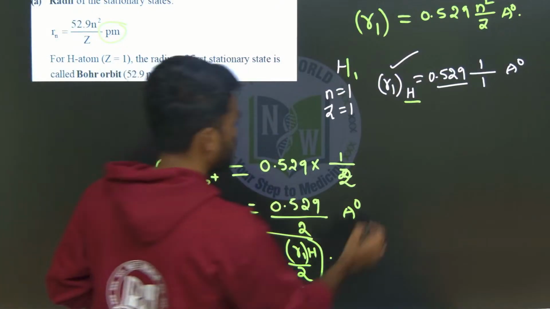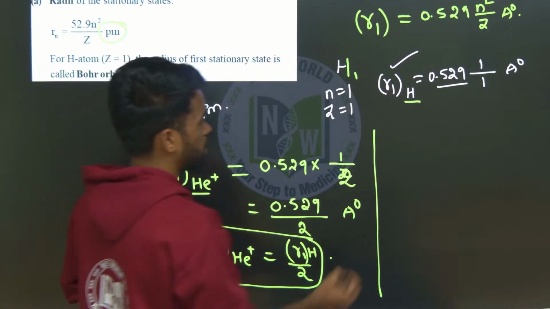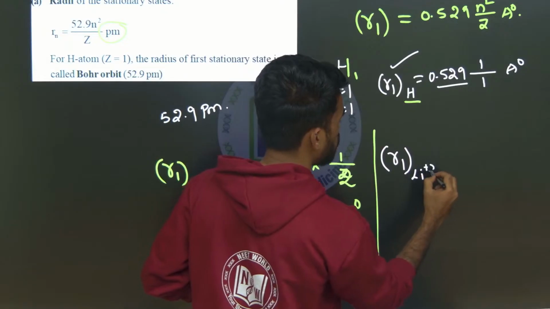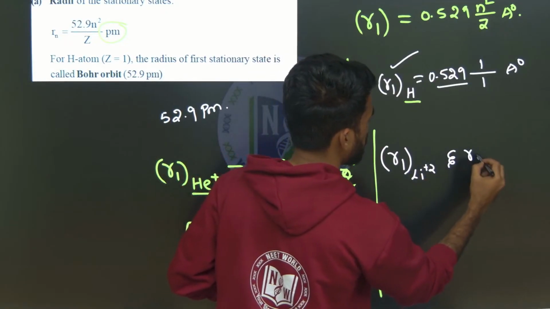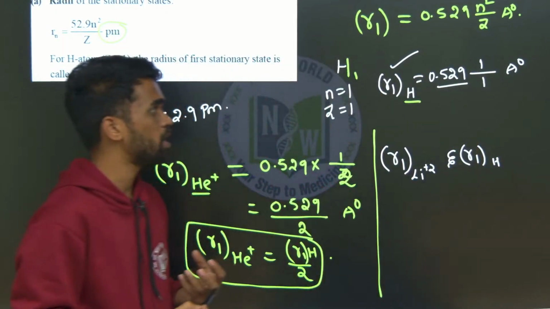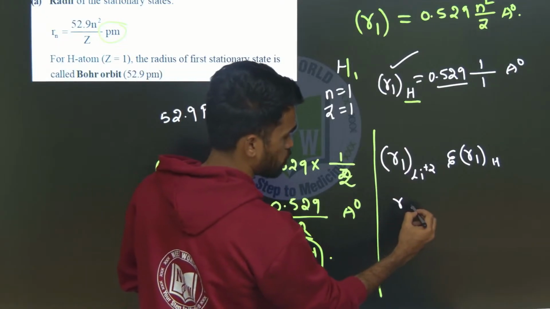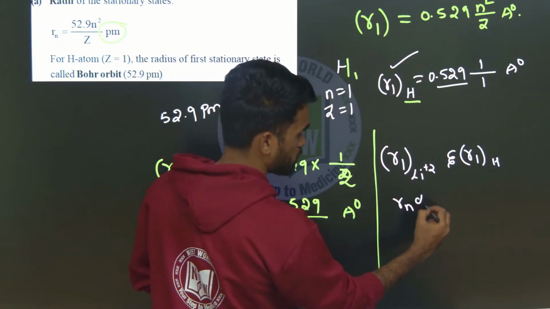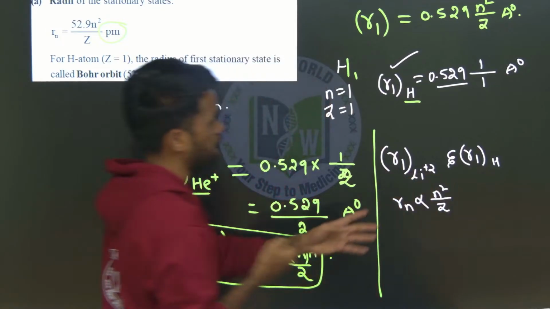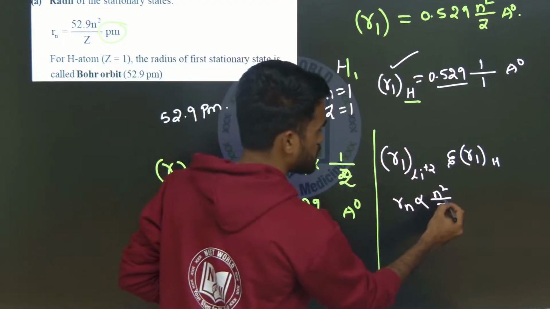This is the relation between hydrogen atom radius and helium ion radius. Similarly, what is the relation between the radius of the first Bohr orbit of Li plus 2 ion and the first Bohr orbit of hydrogen atom? The radius of nth orbit is proportional to n square by Z. Here n is 1 in all cases, so only Z is changing.